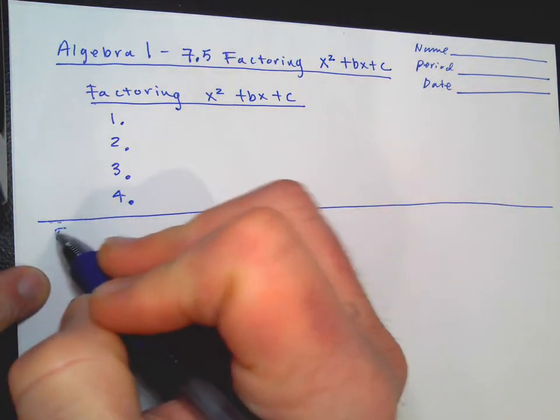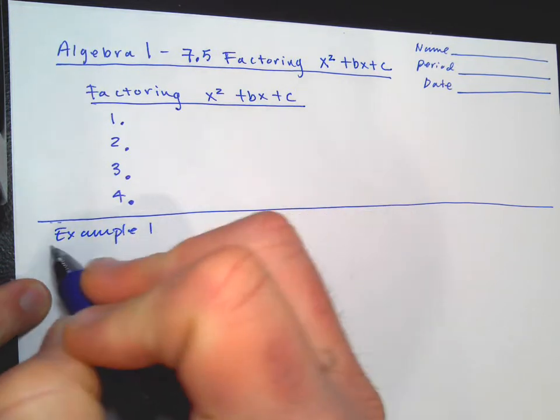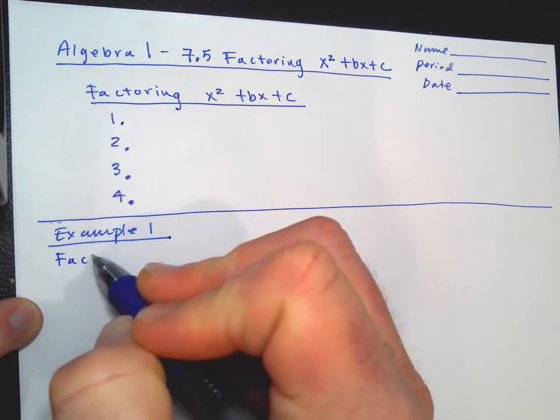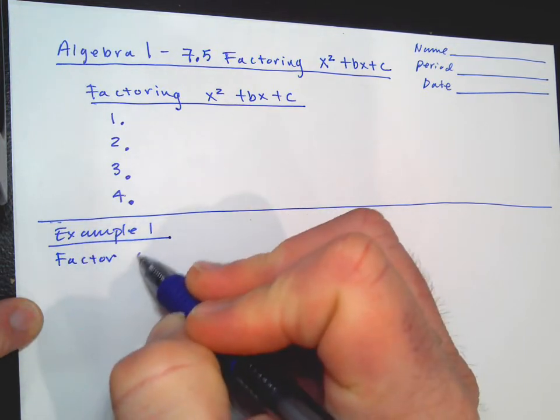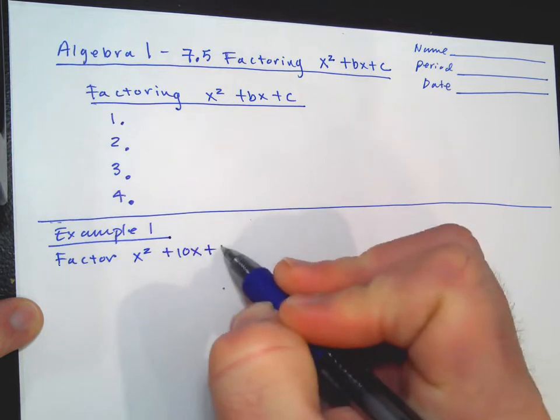So example 1. The directions will say something like factor x squared plus 10x plus 16.